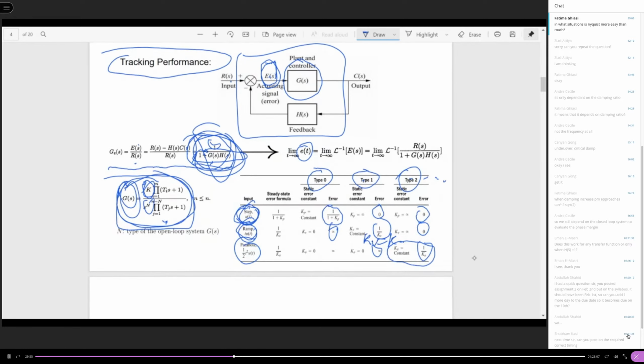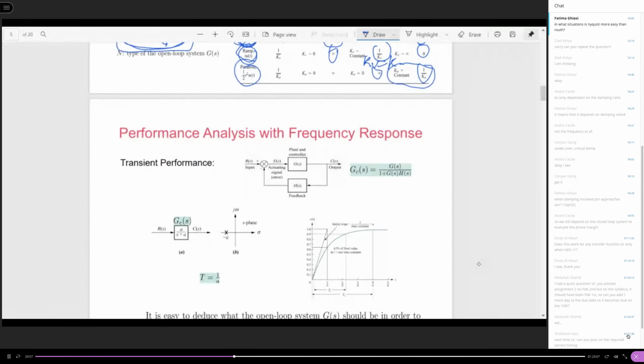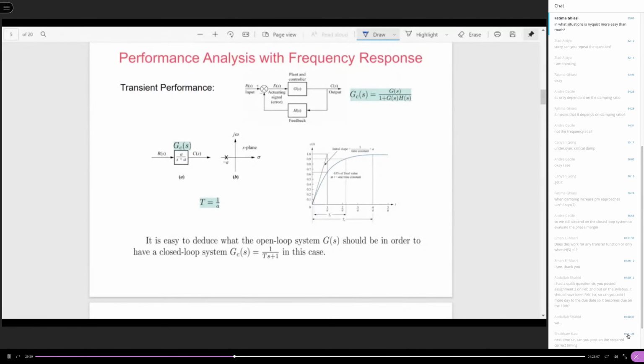So yeah, the next performance is transient. In control one, we did define the transient performance for a first order system, for example, and the second order system, in the next slide.